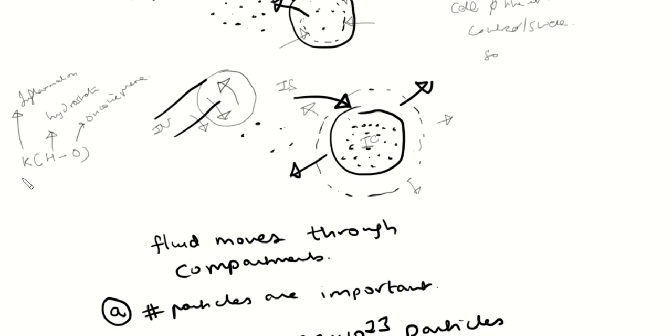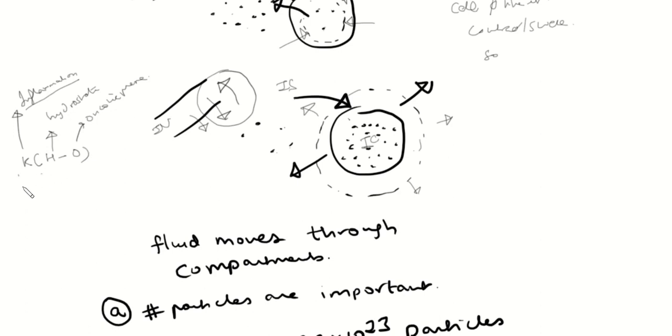Now, it is also a function of how leaky the blood vessel is. The more leaky it is, the more fluid is going to go from the blood vessel to the interstitial space. And the leakiness is determined by inflammation. So that's K times H minus O, hydrostatic minus oncotic.